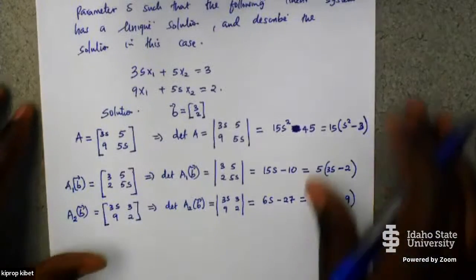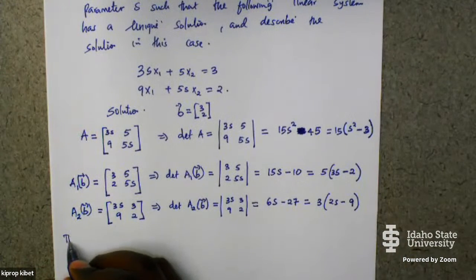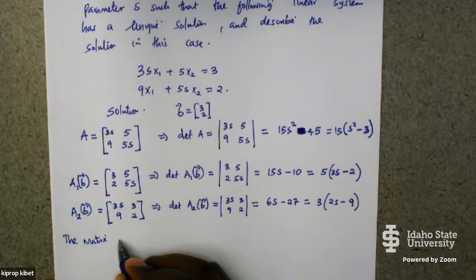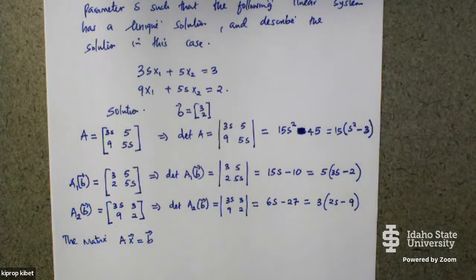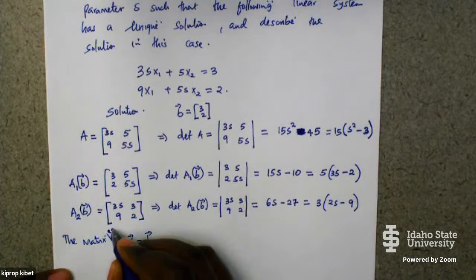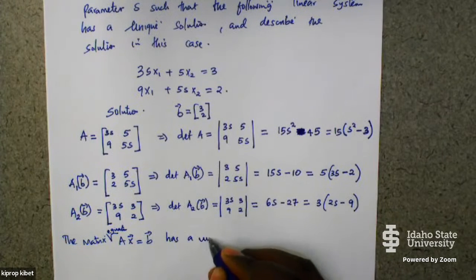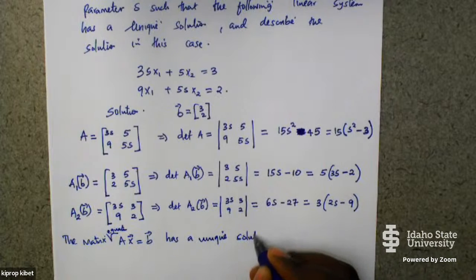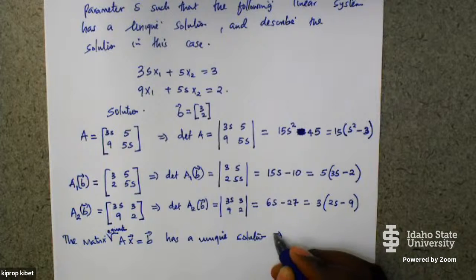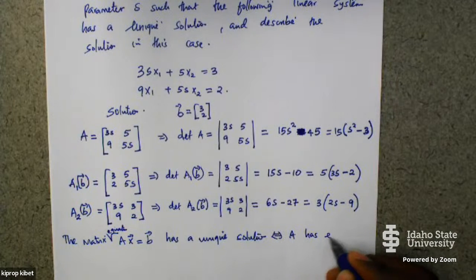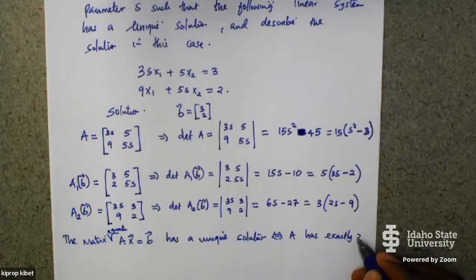Now, we remember that the matrix equation AX equals B has a unique solution if and only if A has exactly 2 pivot positions.